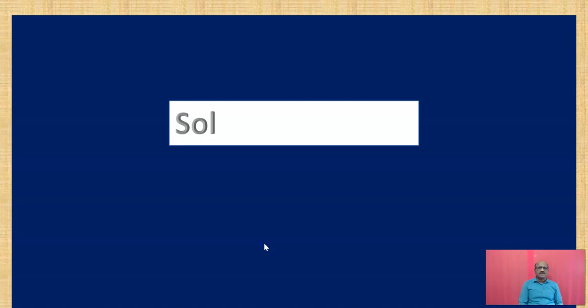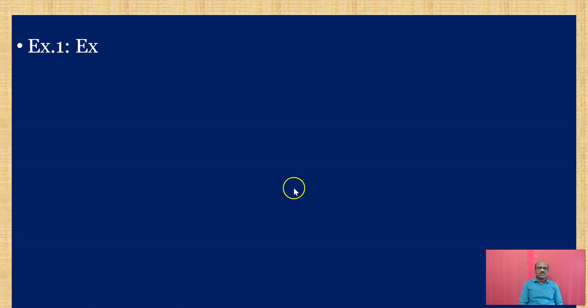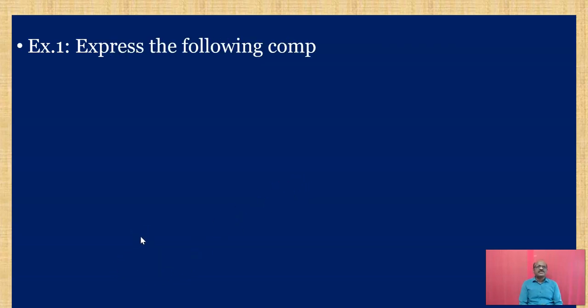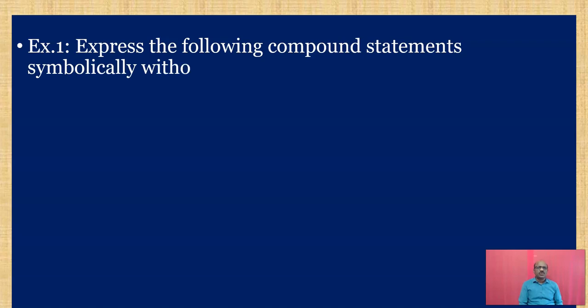Now, solved examples. The first example: express the following compound statements symbolically without examining the truth values.